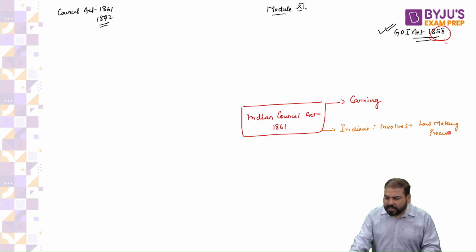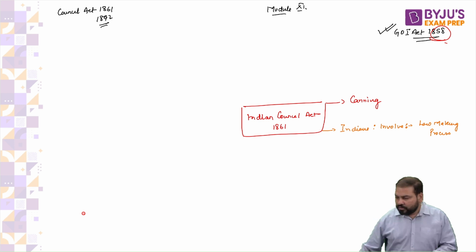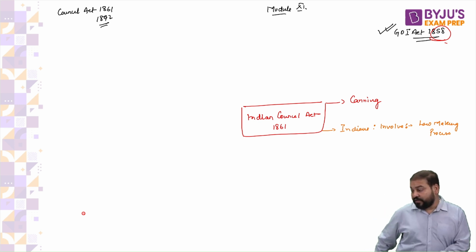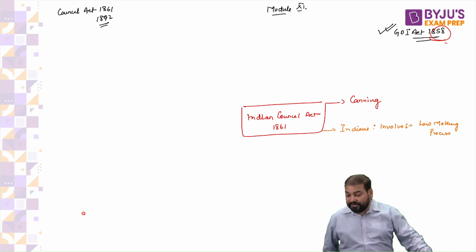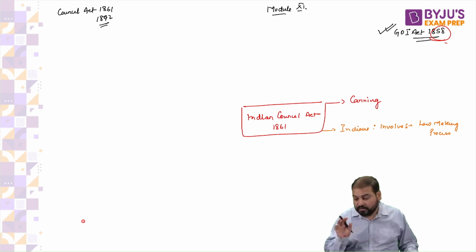Tell me, out of those 12, how many were Indians? The answer is 0. There was no Indian till this law.